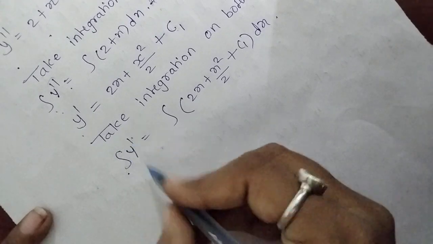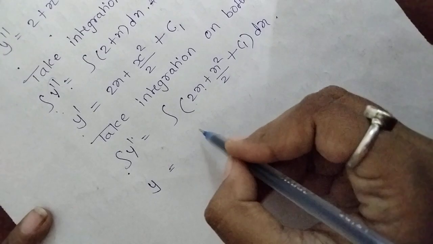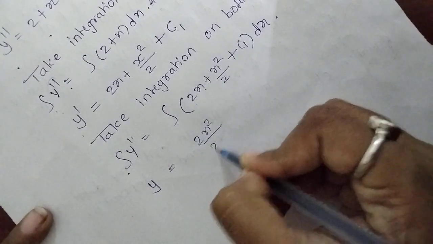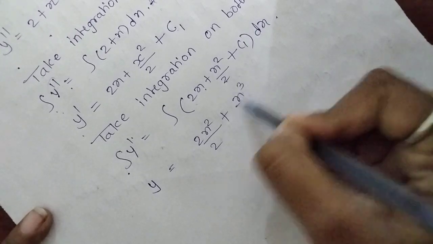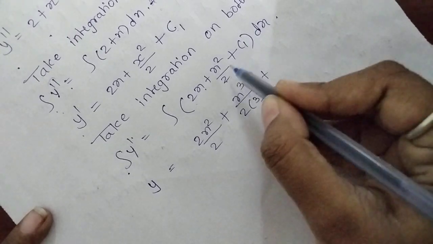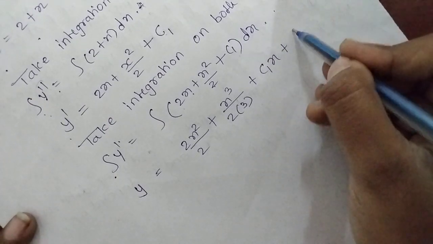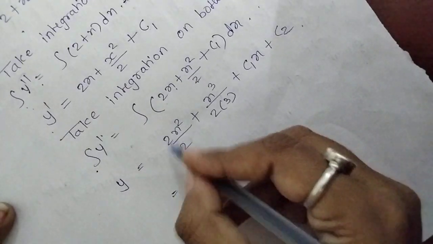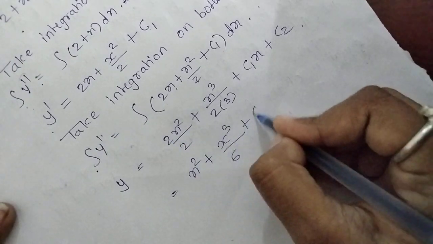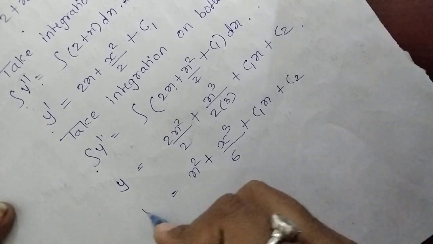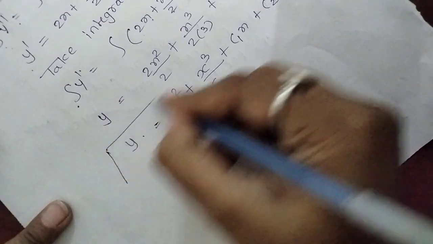So integration of y dash is y, equal to integration of 2x, which is 2x square upon 2, plus integration of x square upon 2, which is x cube upon 2 into 3, plus integration of c1, which is c1x, plus c2. So 2 gets cancelled: x square plus x cube upon 6 plus c1x plus c2. This is the solution of this differential equation.